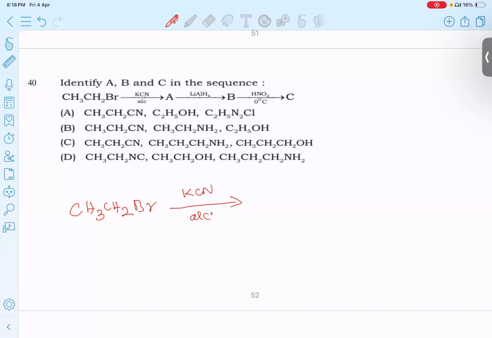The alkyl halide undergoes a nucleophilic substitution reaction, so bromine is replaced by cyanide. The product is CH3CH2CN. The compound name is propane nitrile.